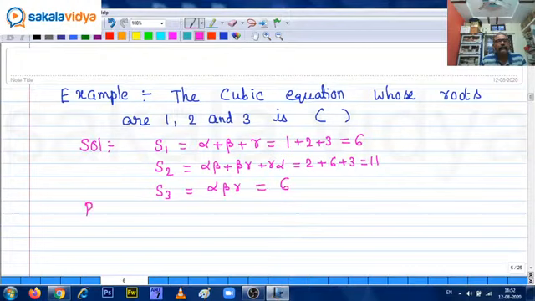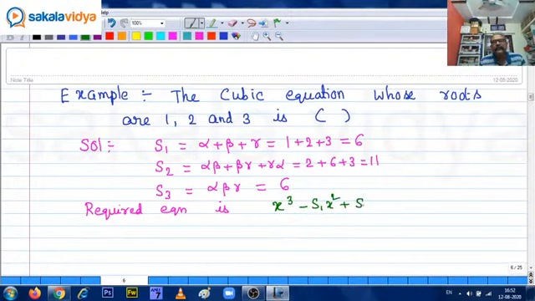Now the required equation. Required equation is x cube minus s1 x square plus s2 x minus s3 is equal to 0. Substituting, x cube minus 6x square plus 11x minus 6 equals to 0.